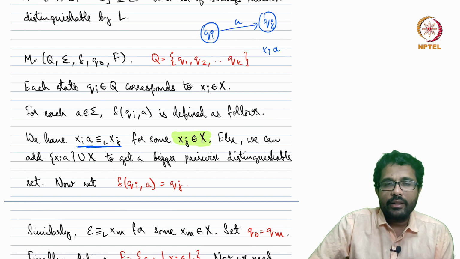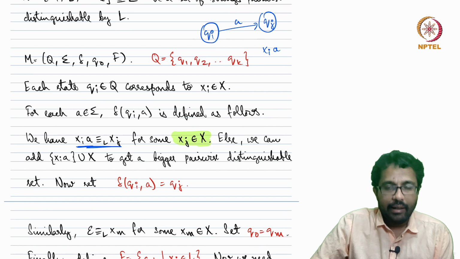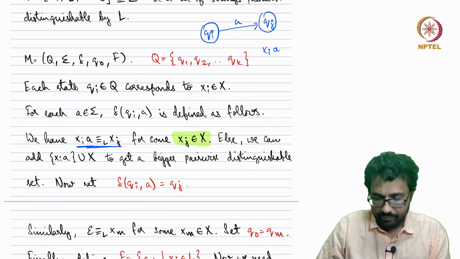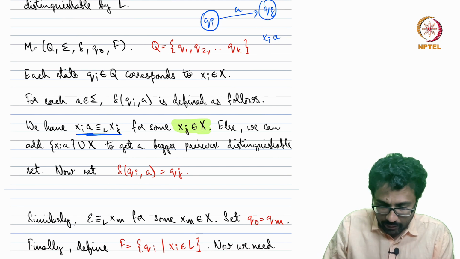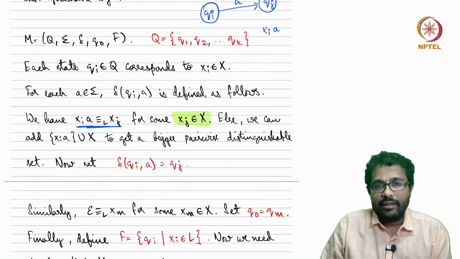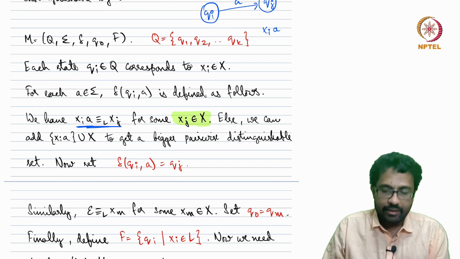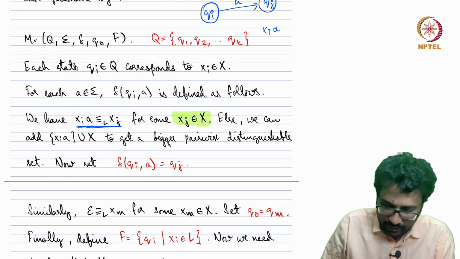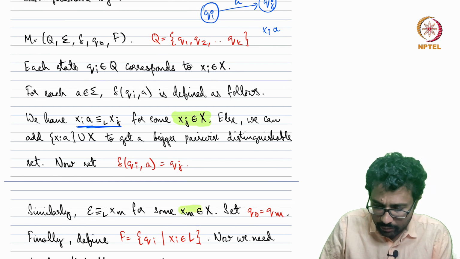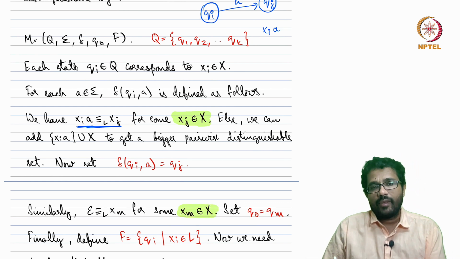Now what remains to be defined is the starting state Q0 and the accepting states F. Just like I said before, the empty string epsilon is equivalent, or indistinguishable, from some string in the set X. Let us call that string xm.